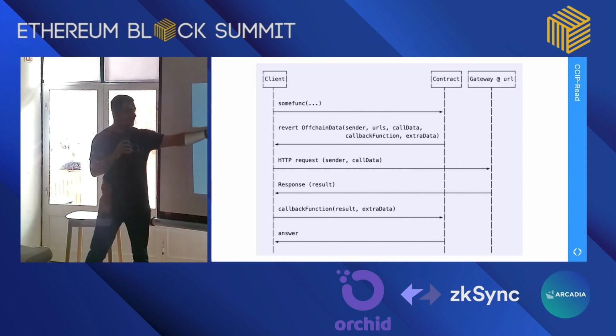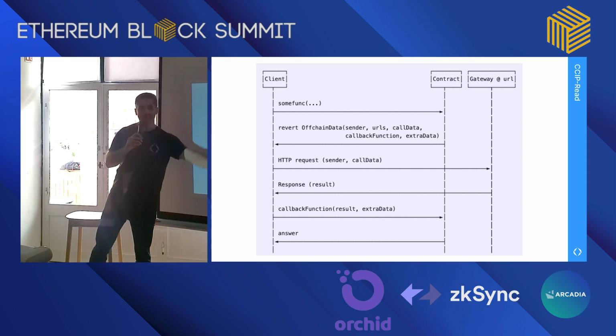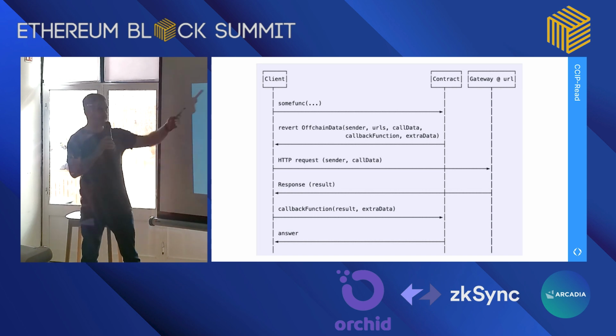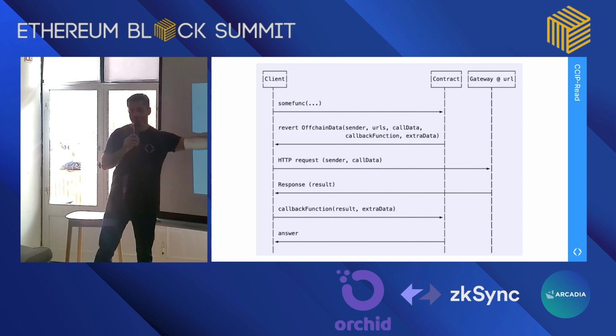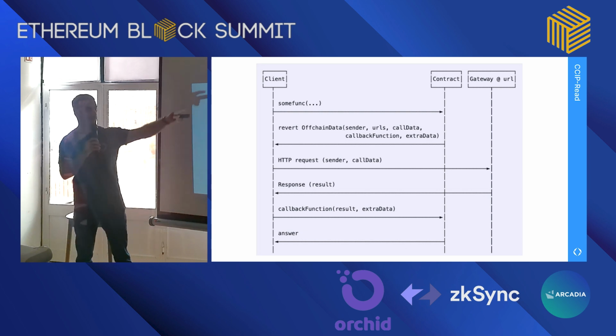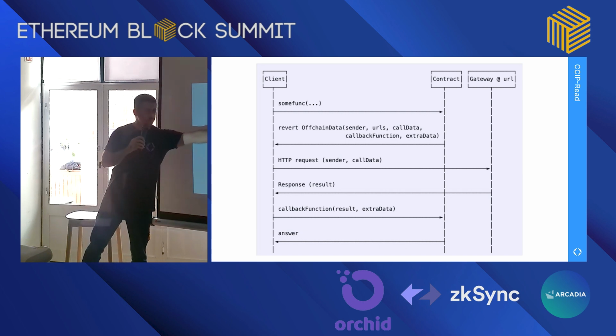And we have the sender information, like who is checking for that. This is for security reasons, so I'm just skipping that. We have the URLs. URLs are basically the gateways, so which gateways can retrieve this data for you. And we have the callback function. It means that you go to the gateway, you ask for the data, you retrieve the proof of the data as well, and then use this callback function to verify if everything is correct.